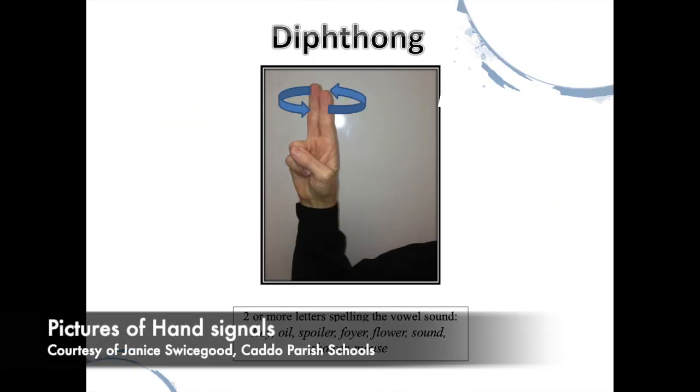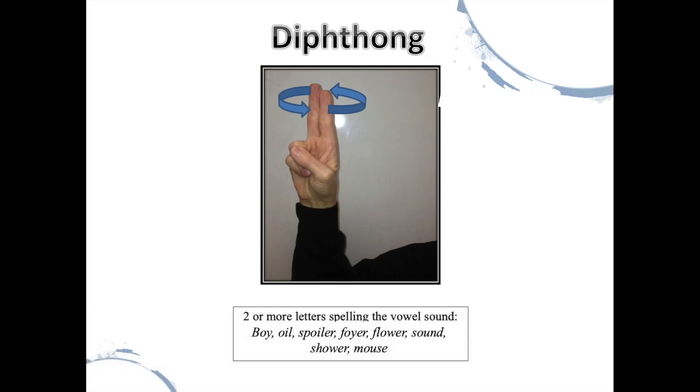Okay, the next syllable type I want to talk to you about is the diphthong. If you think about what we did with the vowel team, we had two fingers together. The difference is here we have diphthongs where we have two or more letters spelling a vowel sound that is an unexpected sound.